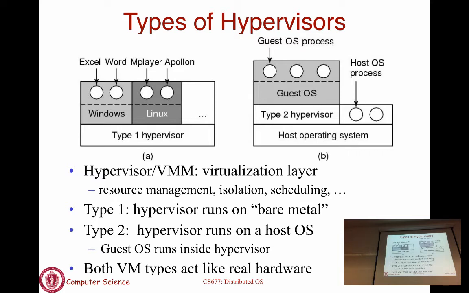The type 2 hypervisor also allows you to create multiple virtual machines, but it is running on top of what is called the host operating system. The native operating system running on the machine is called the host OS. If you run a VM and create another VM and run an OS in there, that's called a guest OS. So you will have multiple guest OSs running on a host operating system, each inside its own virtual machine.